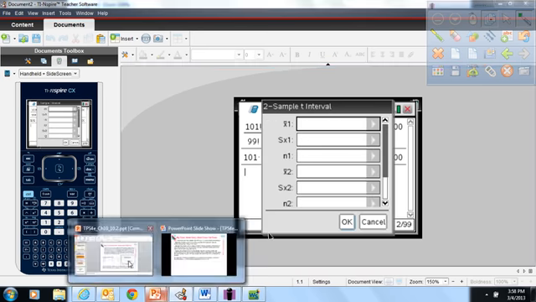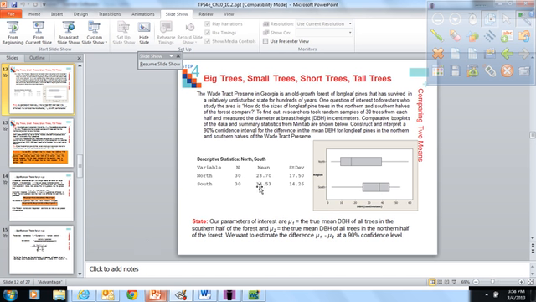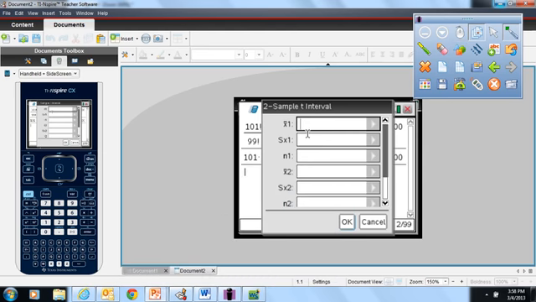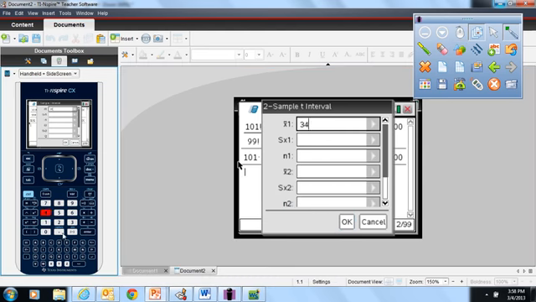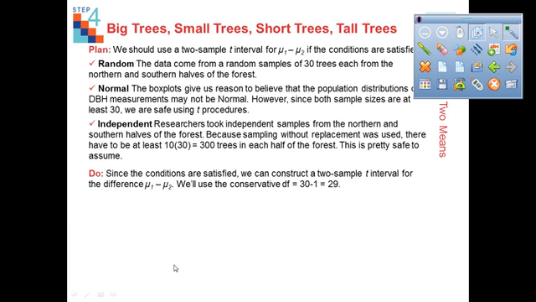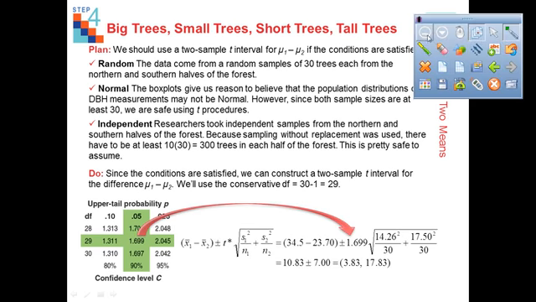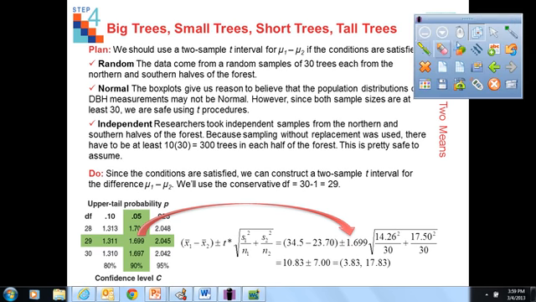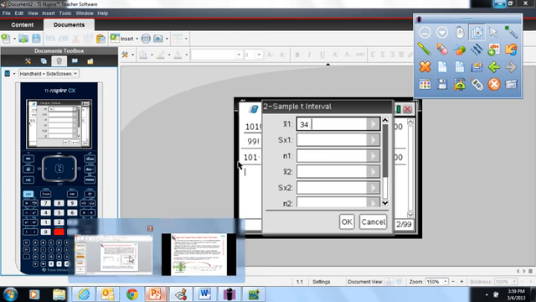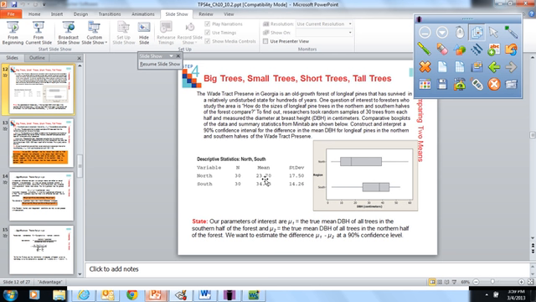Remember, my x bar from group 1 here is going to be this 34.53, because remember, group 1 is the south. Sorry, 34.53, 23.7. Go ahead and write that down.